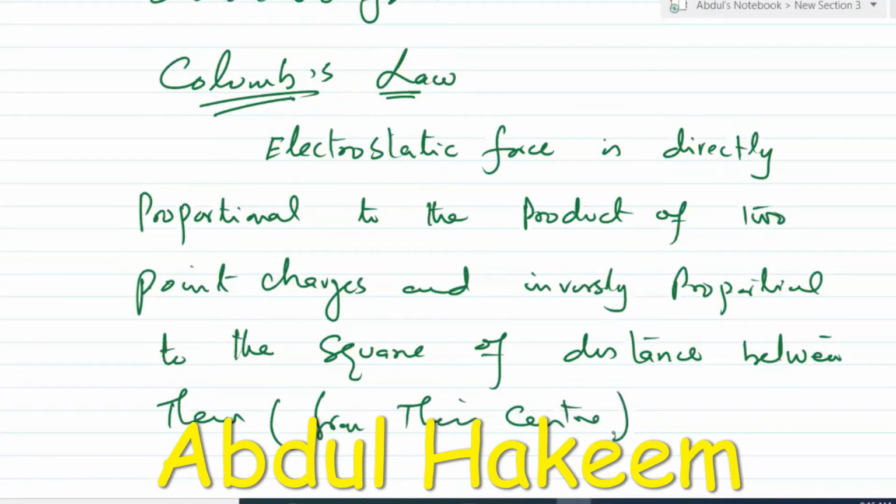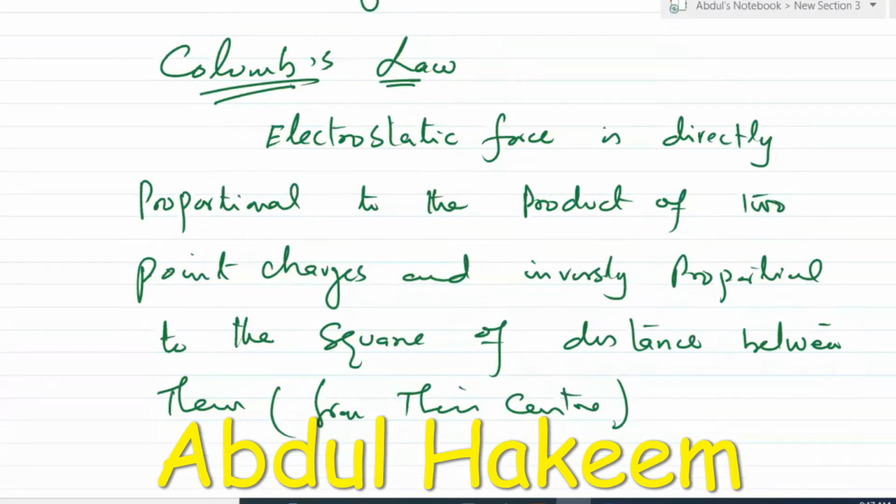So it's similar to Newton's law of gravitation, but the difference is mass and charge. Electrostatic force is directly proportional to the product of two point charges and inversely proportional to the square of the distance between them from their centers.